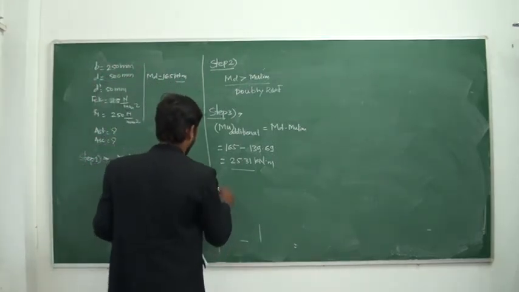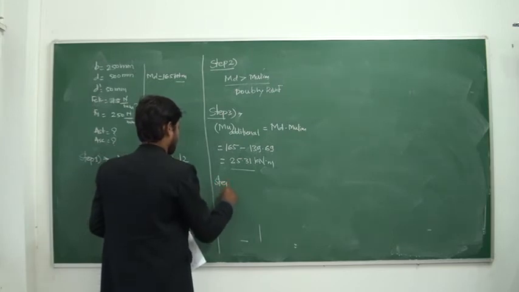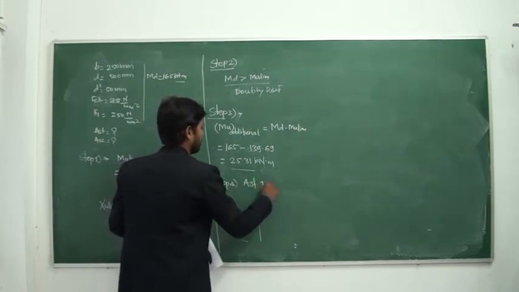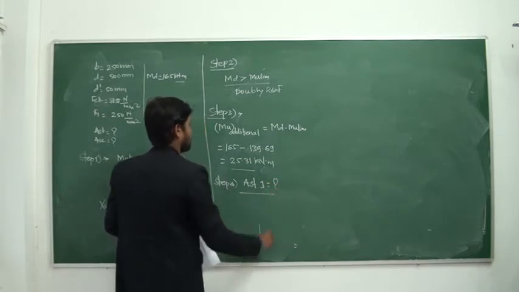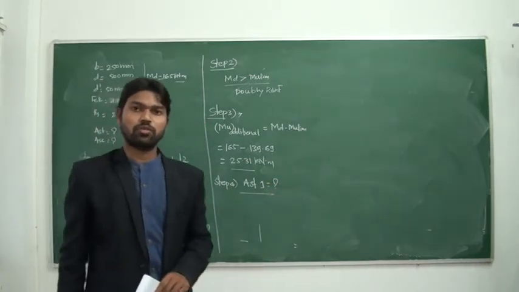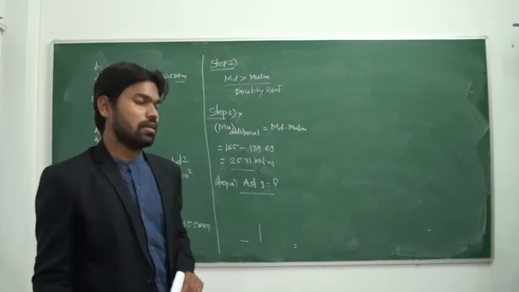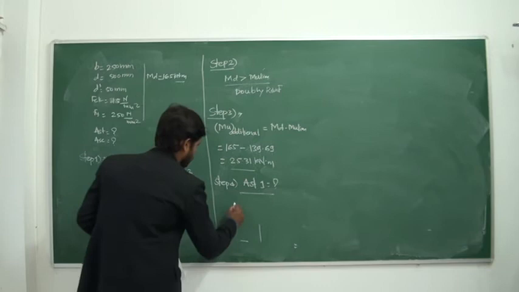Then step number 4, calculation of AST1. For that we will use the compression is equal to tension equation for the singly reinforced section.